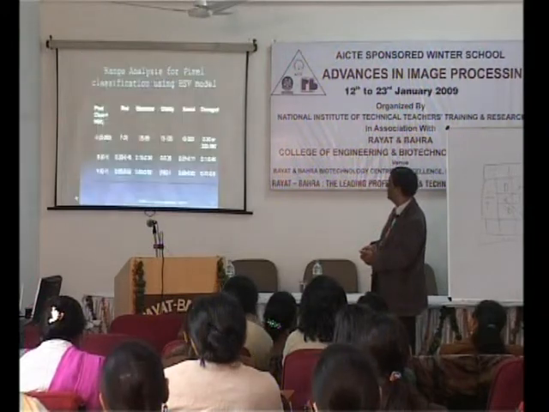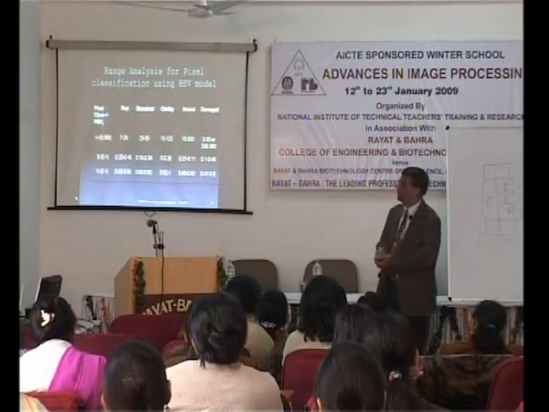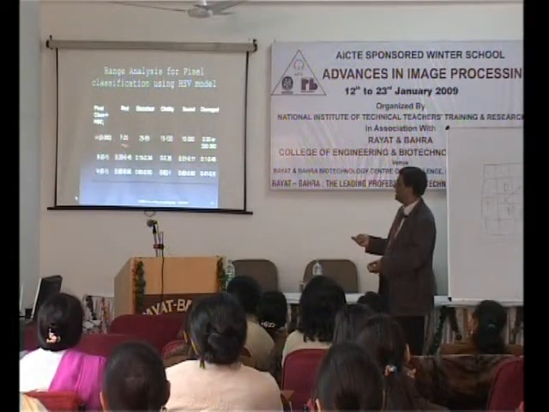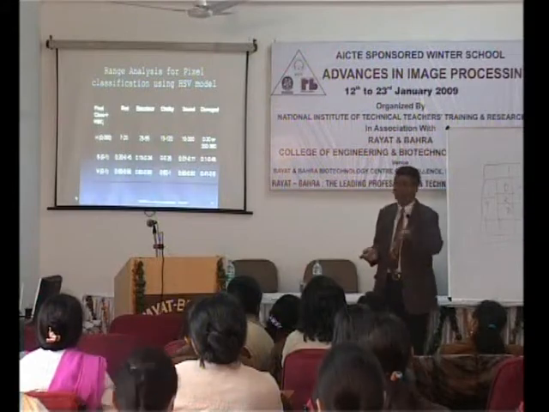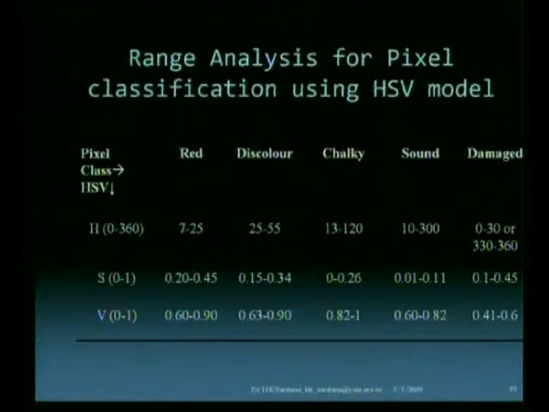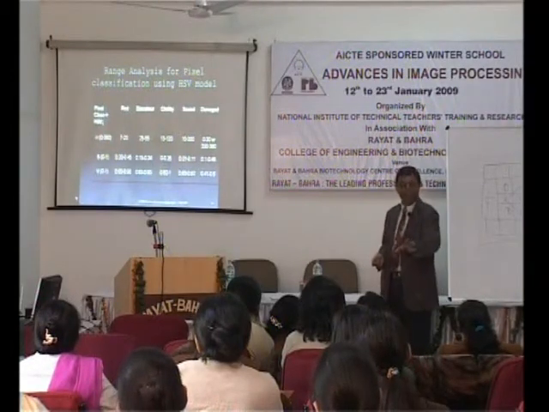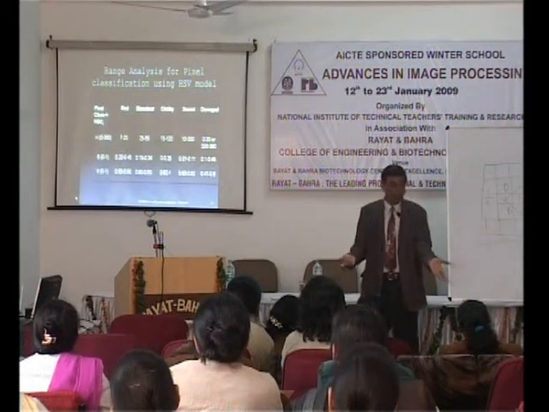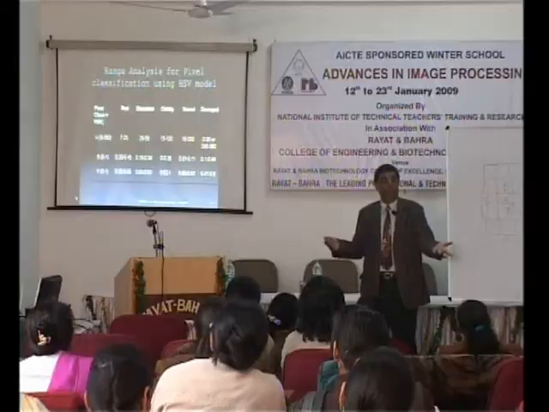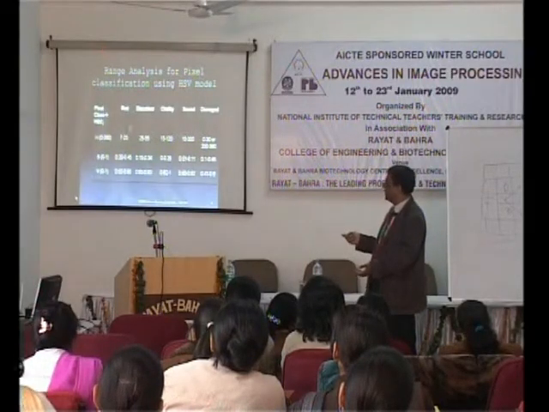Next. So this is of course the rule used, which I just mentioned. Now it's a range. If H is in the range of 7 to 25 degrees, S in the range of say 0.2 to 0.45, and intensity in the range say 60 to 90%, we are calling each pixel in the range red. Whether you like it or not, anybody may find this is too bad a rule probably, but that's the way the range rule is, to call it red.